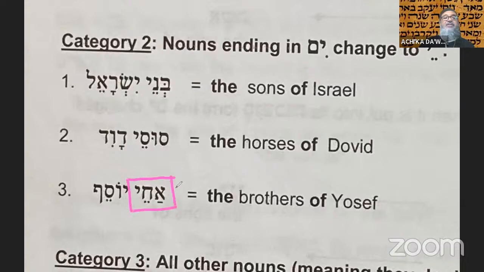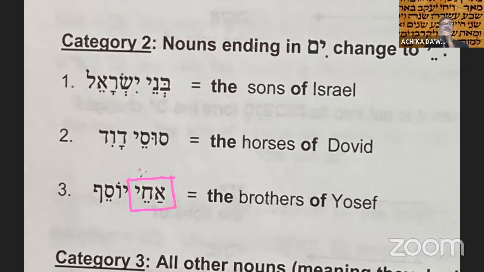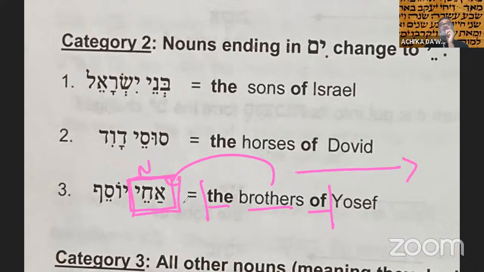How do you say brothers? Okay. And because this is the first noun, it's the brothers of. This is the semi-coup form, and that's right here. If I didn't have the brothers of and it wasn't in a semi-coup form, without me going over here to look, what do you think this word was prior?